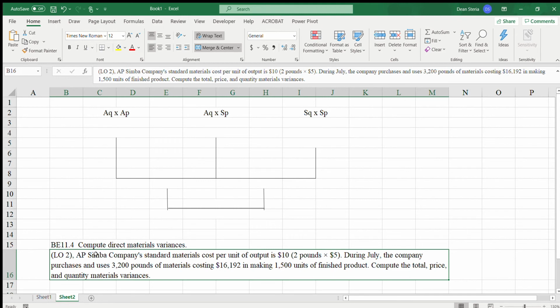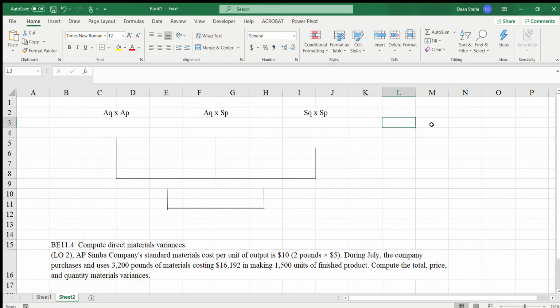So the first thing I'm going to do is define this, okay? So I'm going to have my standard. So my standard is 2 pounds, and it costs me 10 bucks. I'm sorry, $5 per pound.